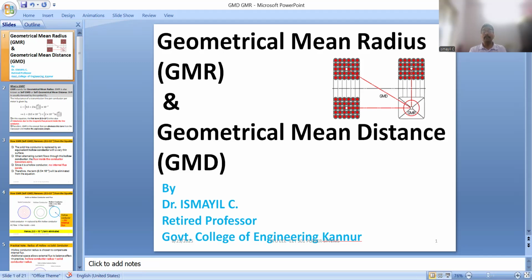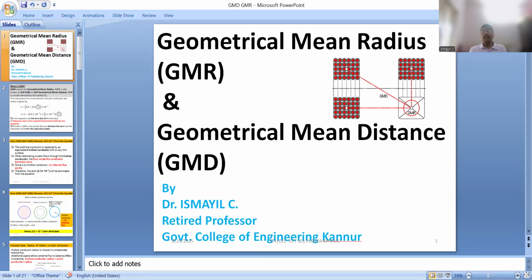What is GMD? It simplifies the calculation of mutual inductance of bundled conductors. What is its definition? Definition is geometrical mean distance between one conductor and another. It is something similar to GMR.